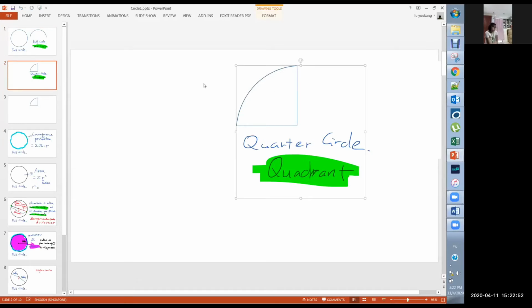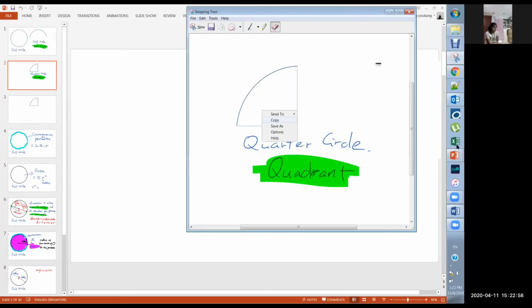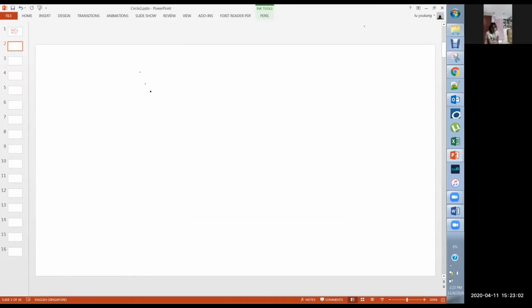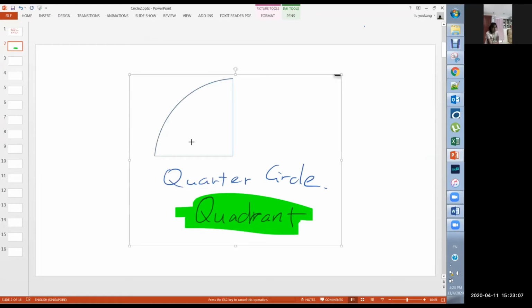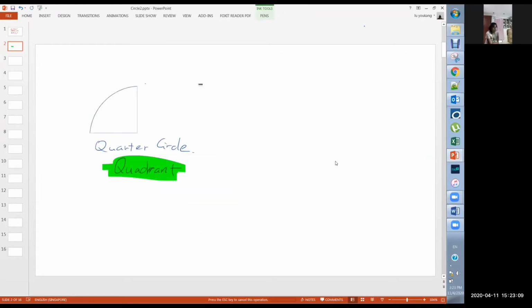Okay, let me get this out. Okay, so this is your quarter circle. So a quarter circle, it says the radius is 8. Which one is the radius here? Show me. By the way, which one is the center of the circle in this case?